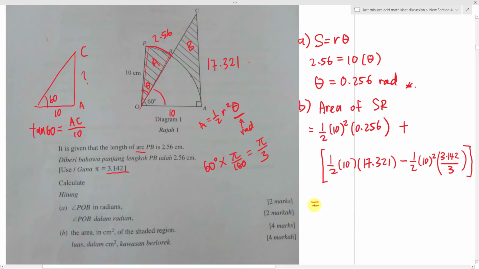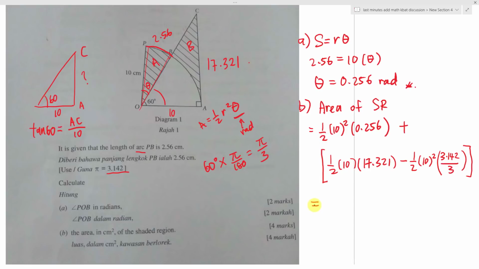So yeah, then the last step is I will just type everything into my calculator to get a nice number. Let me put the brackets first. Okay, 1 over 2 multiply 10 multiply 17.321, and then minus 1 over 2 multiply 10 squared multiply 3.142 divided by 3, close the bracket.